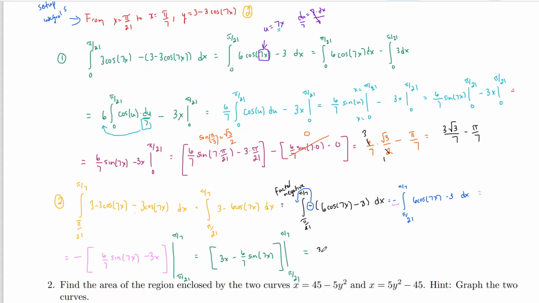We get 3 times pi over 7 minus 6 over 7 times sine of 7 times pi over 7. So that's plugging in pi over 7, minus, and then we plug in pi over 21. We get 3 times pi over 21 minus 6 over 7 times sine of 7 times pi over 21.